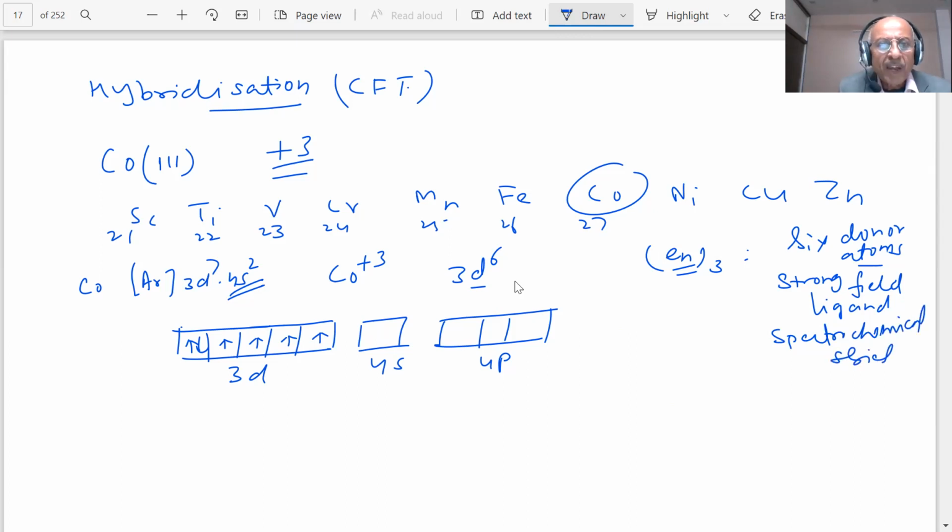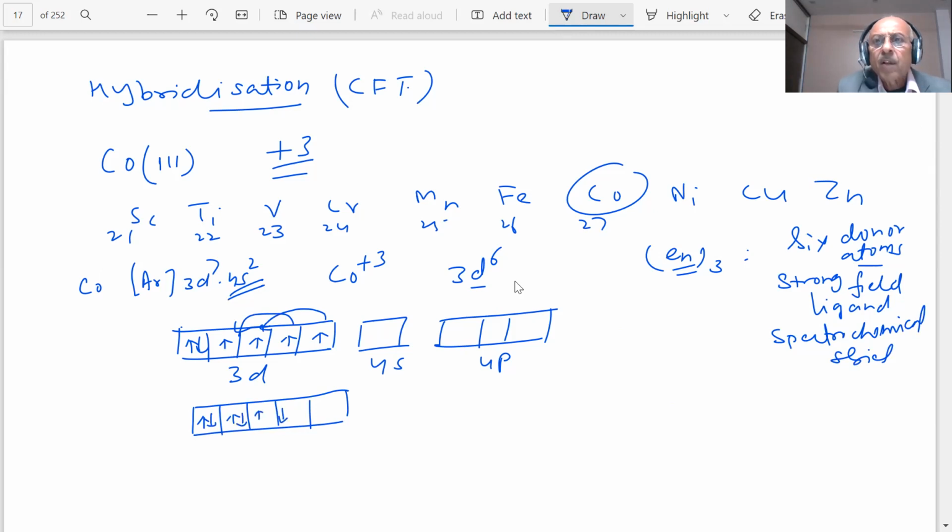What it will do is pair up these electrons. The result of that will be, students, if it gets paired up, what do you get? 1, 2. This is already paired. These electrons get paired up. So what happens?